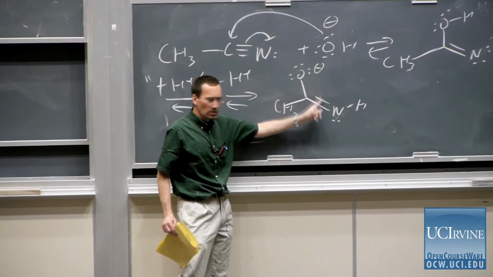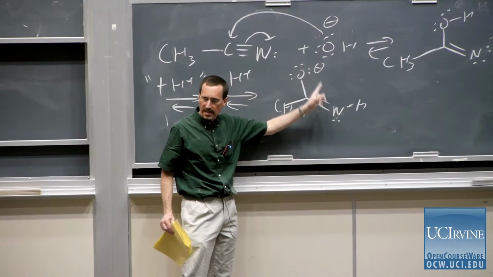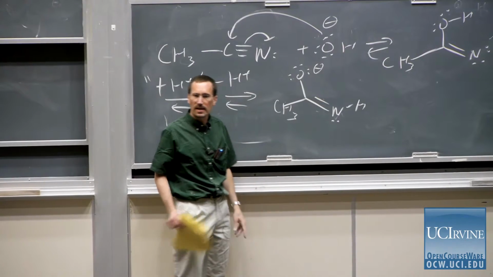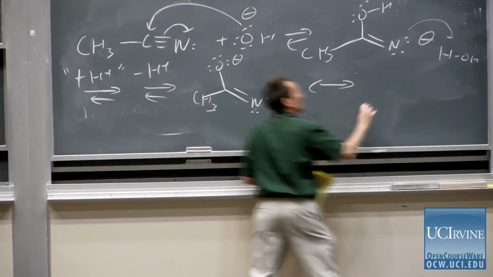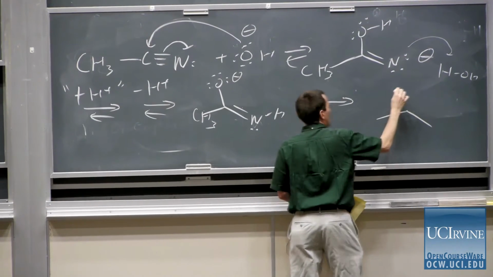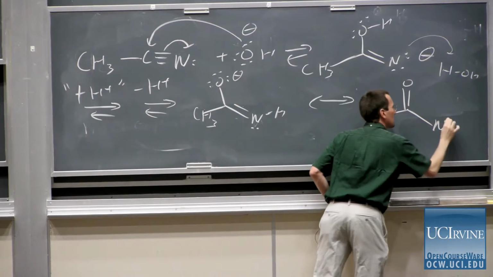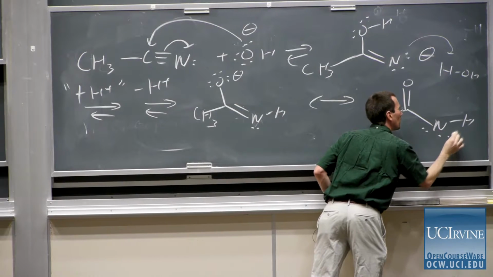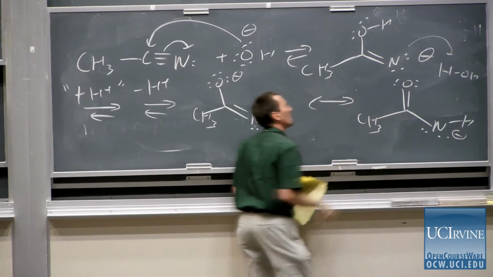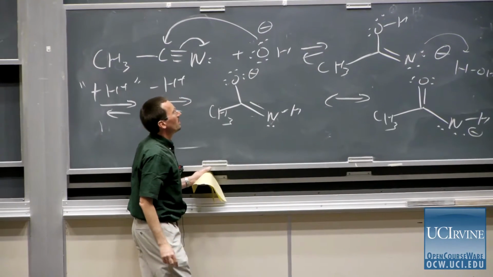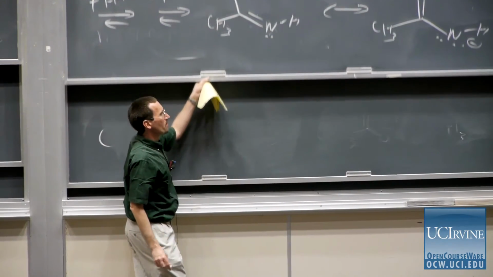So this structure here is really just the analog of a carboxylate. In other words, there are two equivalent resonance structures here. And then the last step is that we're going to pick up a proton.